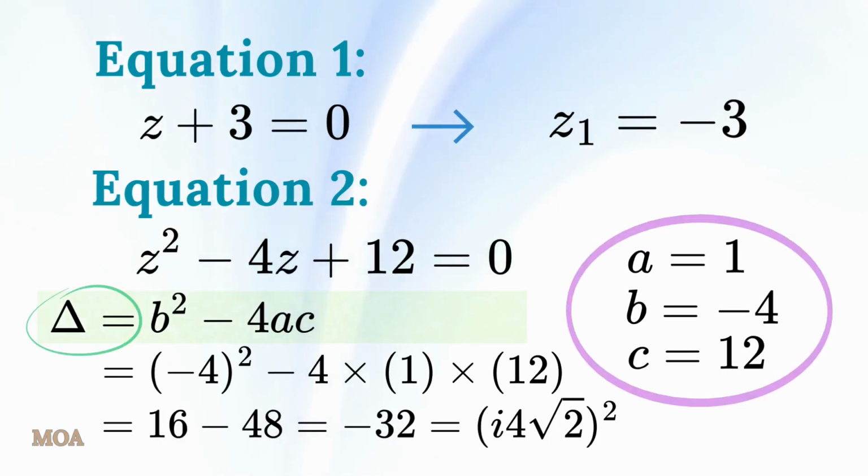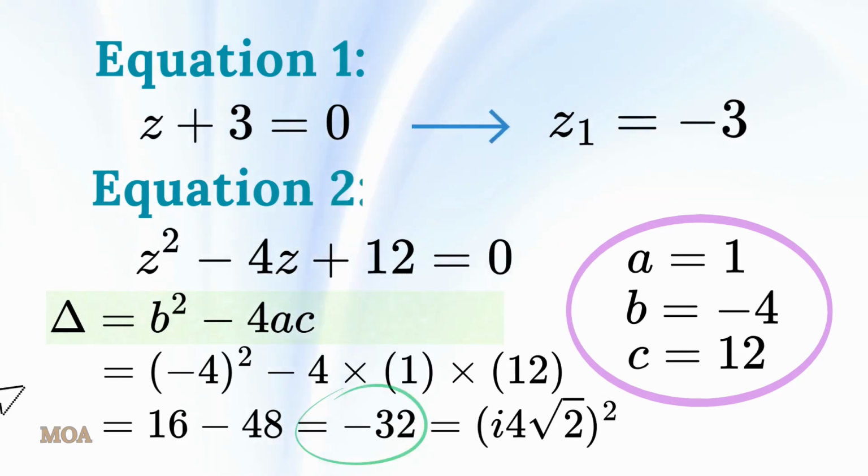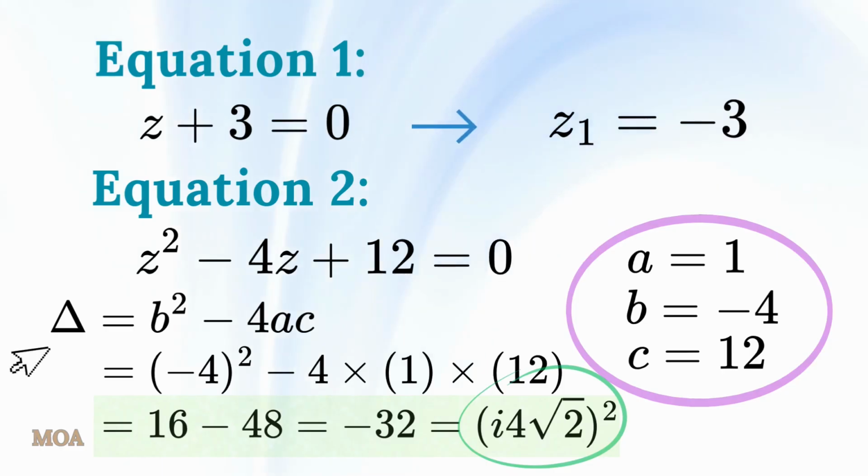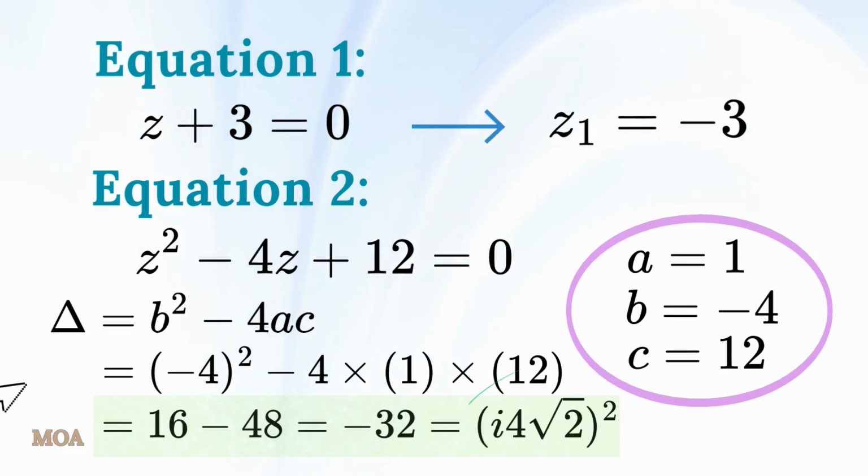The discriminant delta, defined as b squared minus 4 times the coefficient a times c, equals 16 minus 48, which is negative 32. This can be expressed in complex form as the quantity i times 4 times the square root of 2, all squared.